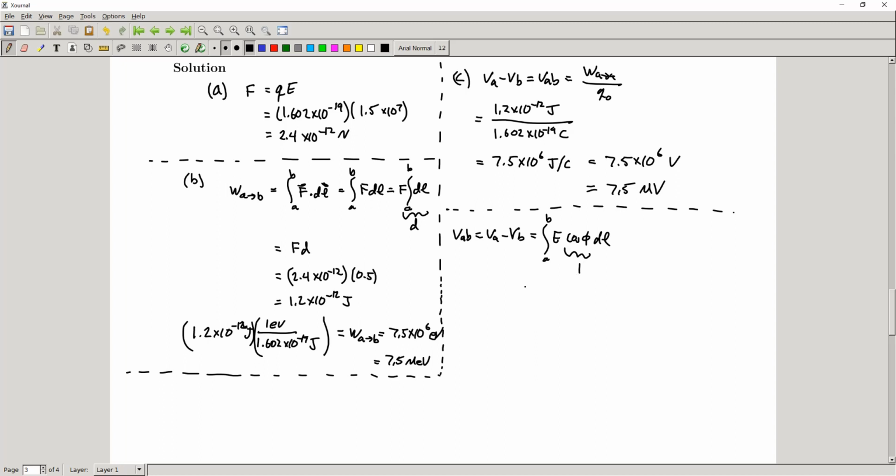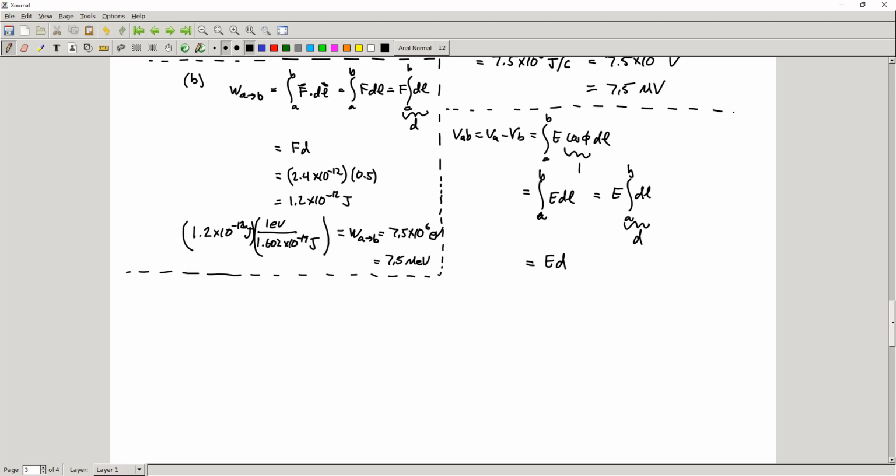And so we end up with the integral from A to B of E dl, but again, our electric field is constant, or uniform, I should say, and so it can be pulled outside of the integral. We end up doing this integral, and this just gives us d, the distance. So we end up with E d.